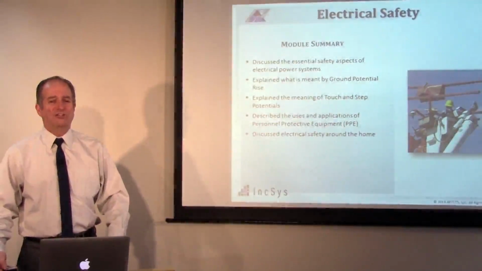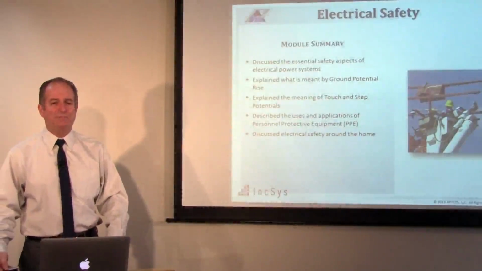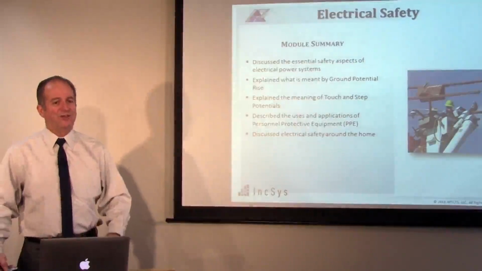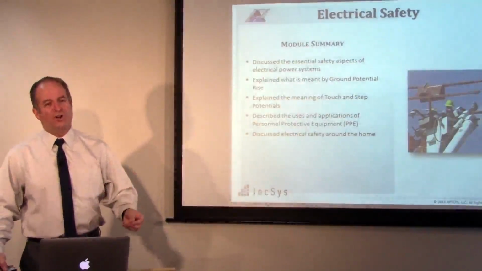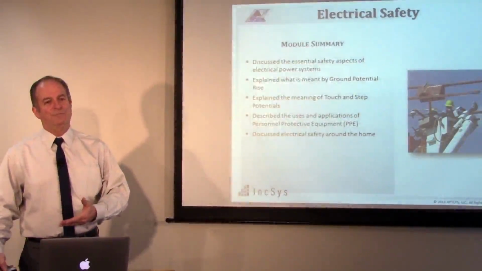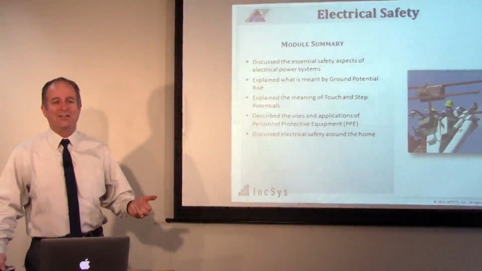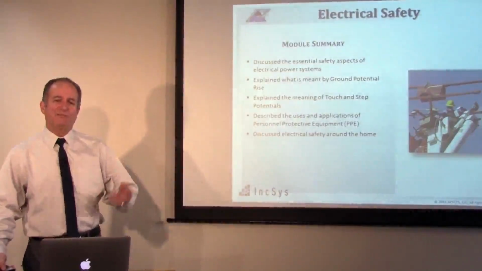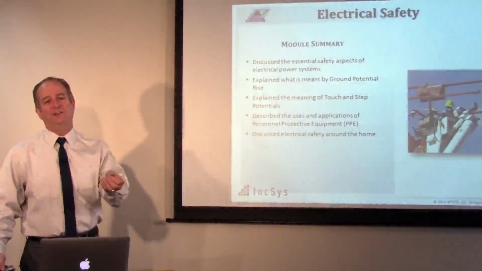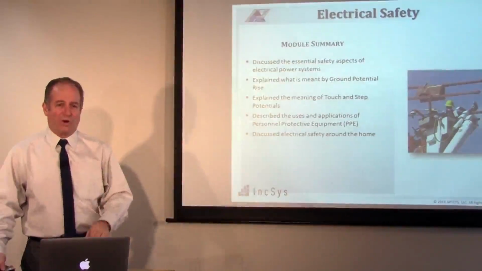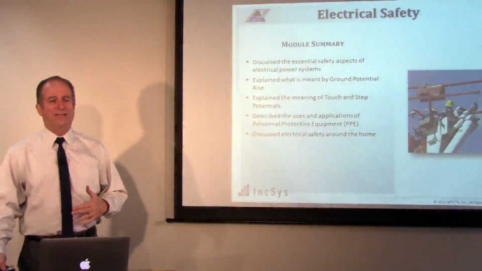And we talked about electrical safety around the home. Keep in mind, touch and step potentials do occur around the home. If somebody were washing their car barefoot with water all around, and they reach over and grab a vacuum cleaner that's plugged in, and the vacuum cleaner cord had frayed insulation and the hot wire was touching the water, that water could become energized.